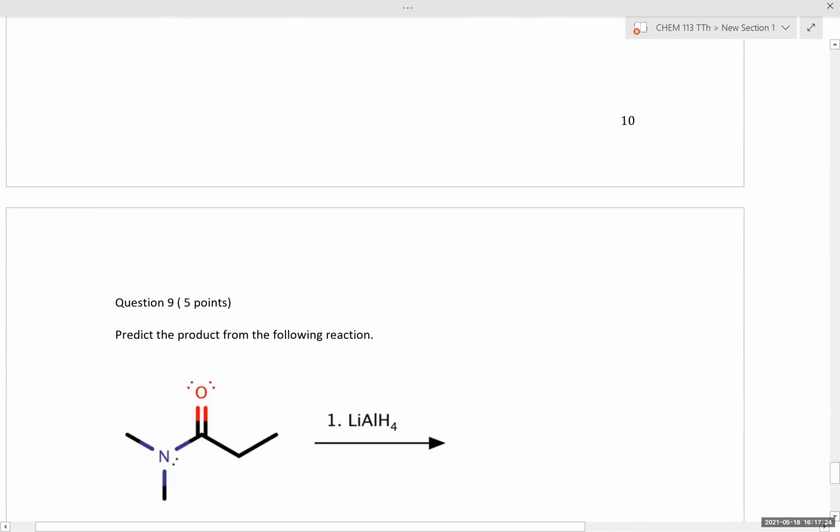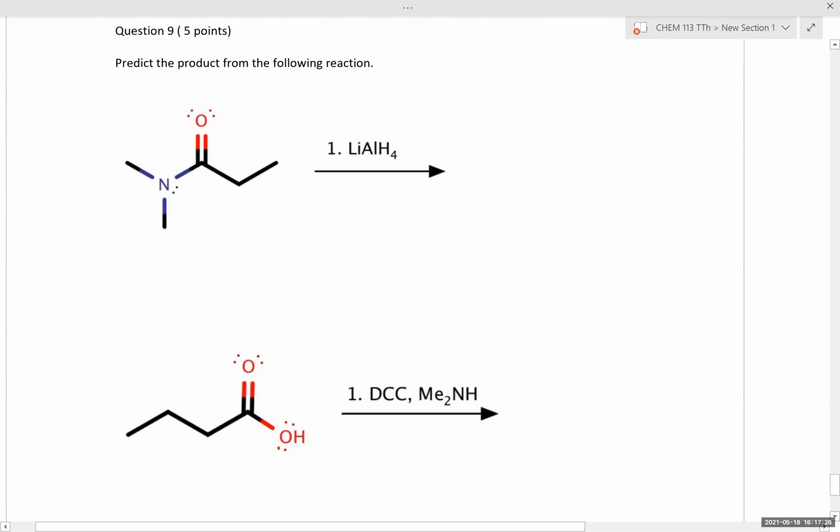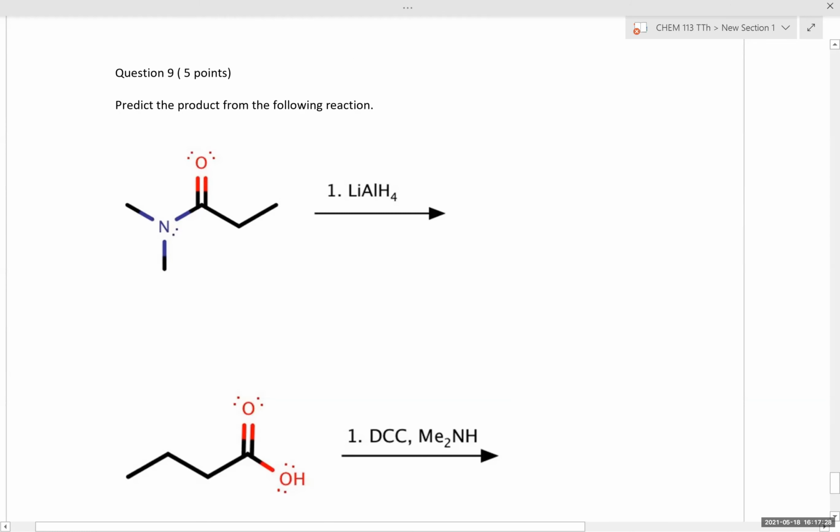Okay, so let's do some last bit of product prediction. So this covers the unique reactivity of amides and carboxylic acids. So if we have an amide and we treat it with lithium aluminum hydride, what product would we observe?